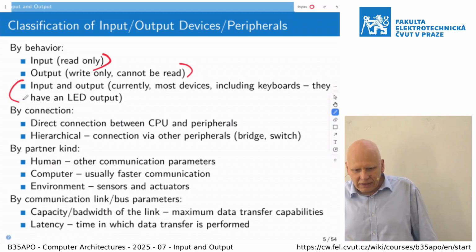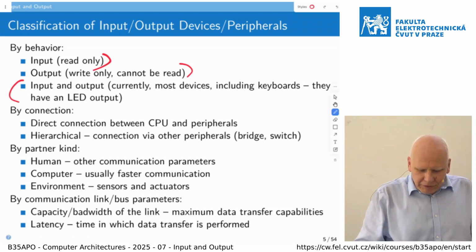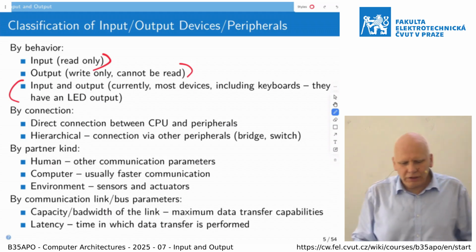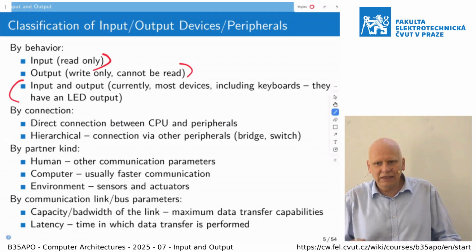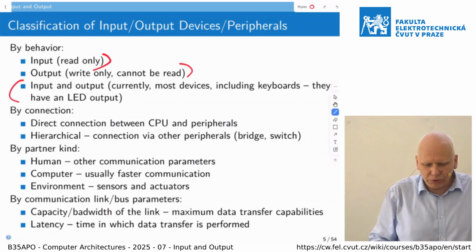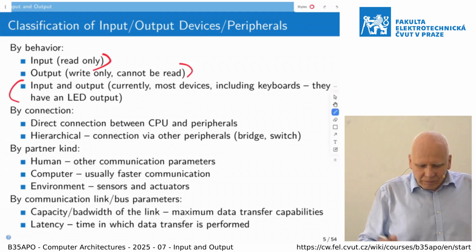So it is typical that we have both. For example, even the keyboard, although considered an input device, has indication LEDs and other features. So basically, it is an input-output device. You can test what is connected and so on.